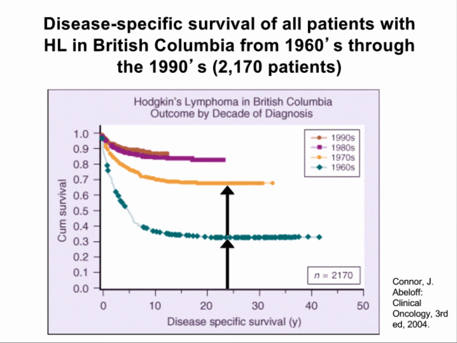And literally, not overnight, but over a few years, the cure rate doubled. In other words, we learned that instead of one drug at a time, if you put 4 drugs together, because cancer cells can be smart and these drugs each work different ways, this combination of chemotherapy literally doubled the cure rate. And as you can see now, generally speaking, we cure about 90% of patients with Hodgkin's lymphoma.